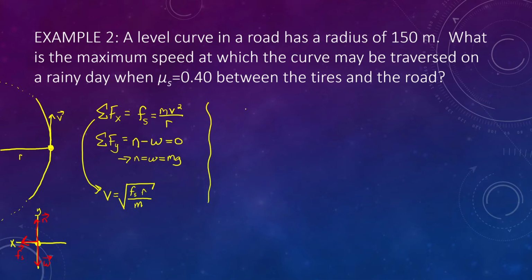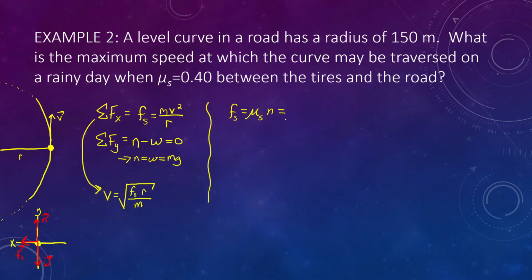We know by definition that friction the equation is mu times n. Okay, well, we do know what mu is. It's given to us as 0.4, but we don't know what the normal force is. But thankfully, we kind of do. Because in the y equation, the normal force is equal to the weight, which is m times g.